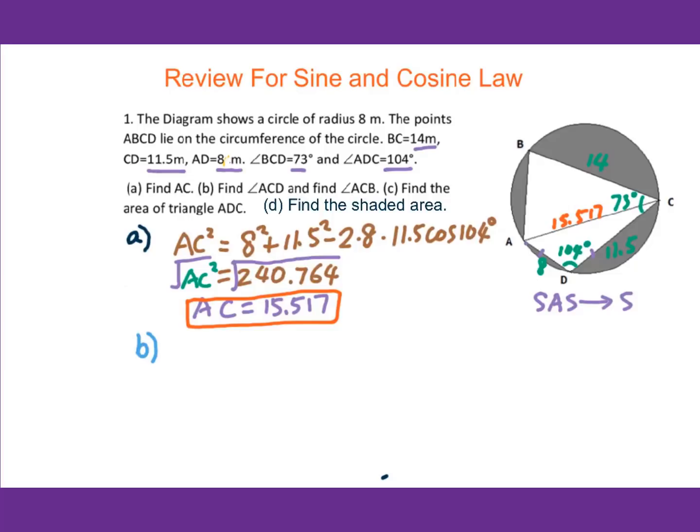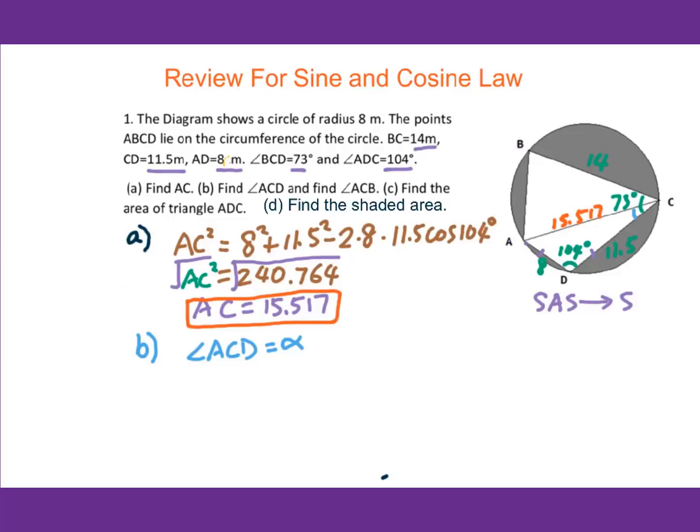For B, find angle ACD. This angle, we assume angle ACD equals alpha. In triangle ADC, you can use the cosine law to figure out this angle, or you can use the sine law.